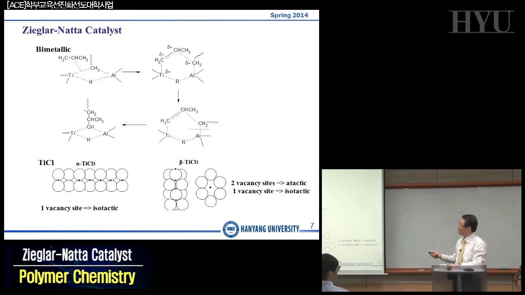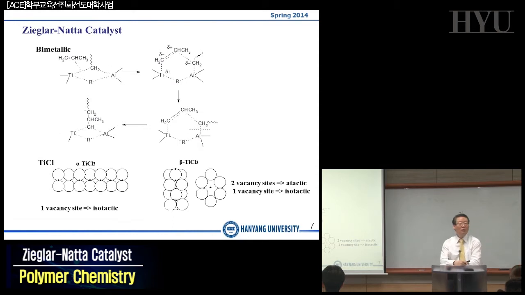And one of these chains might be broken and stabilize into the tetragonal system rather than the hexagonal system. And this way you can add one of these monomers into your growing polymeric chains, just like what we have seen in the chain growth polymerization reactions. And this is the known mechanism called the bimetallic mechanism.